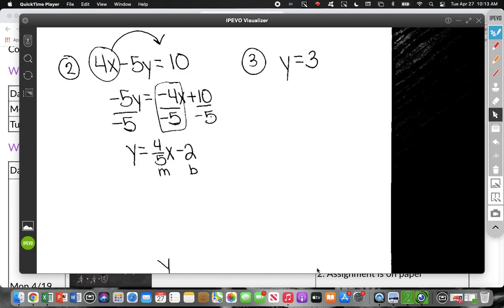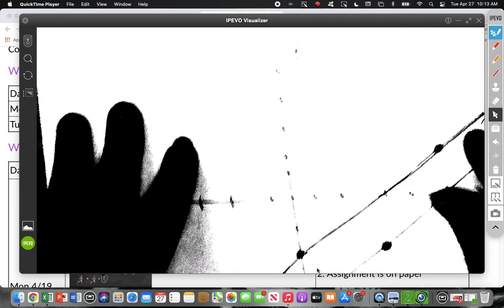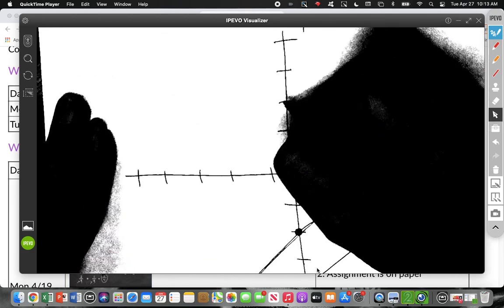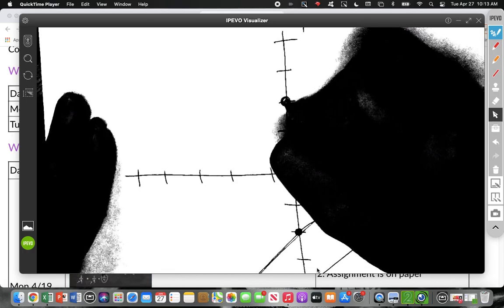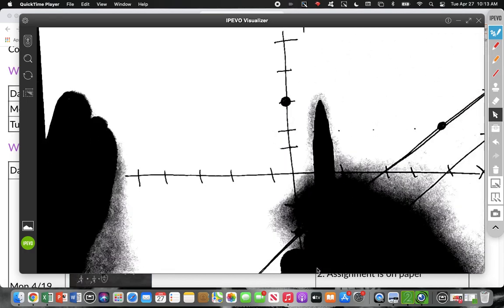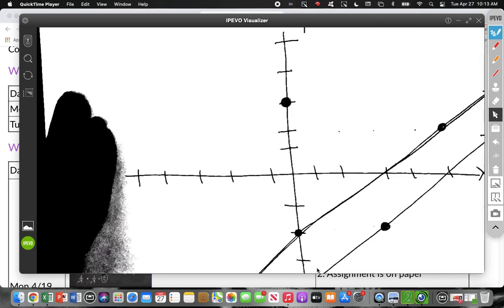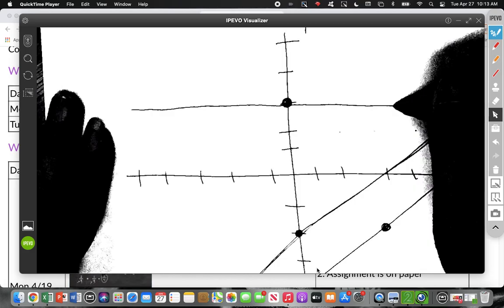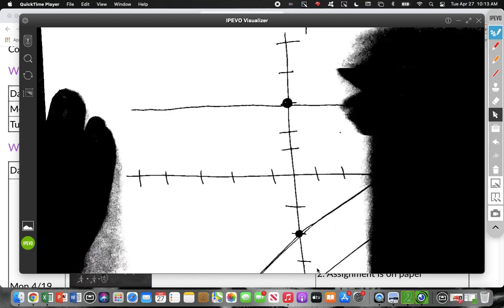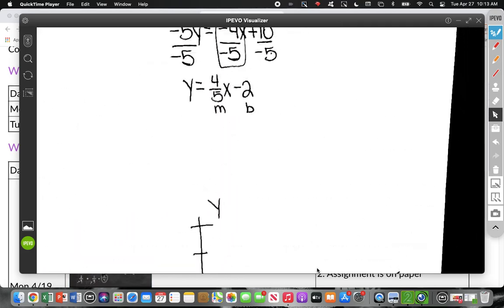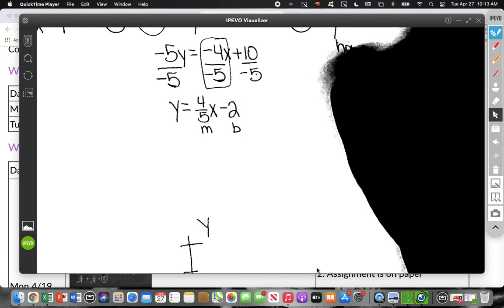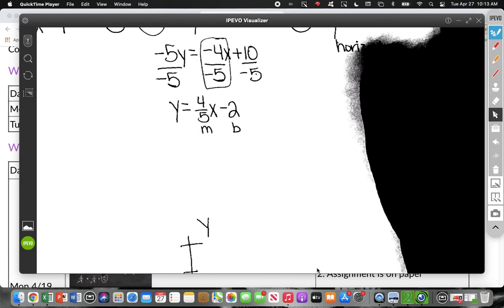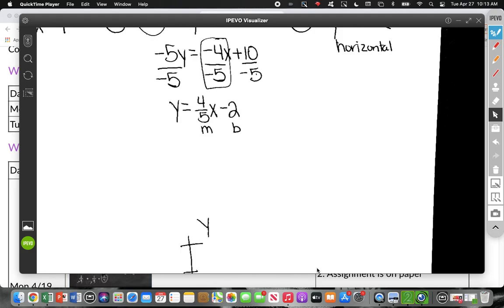No. All right, so we just go to 3 on the y-axis, and then we go across because it never crosses x. All right, so something that is a y equals, that is a horizontal line, goes left to right. But if it's just x equals something, you just go up and down.